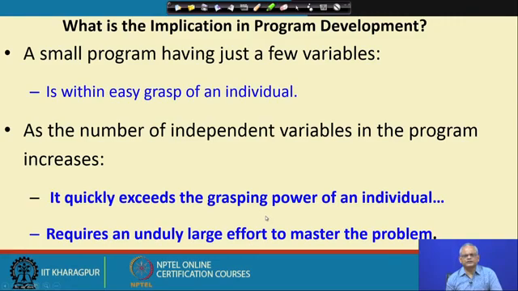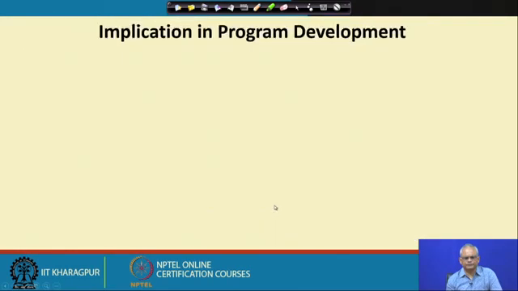But then the next question that arises is, if the number of independent variables and so on are more than 7, it is a large problem dealing with many things, then how do software engineering principles contain the complexity of this problem?